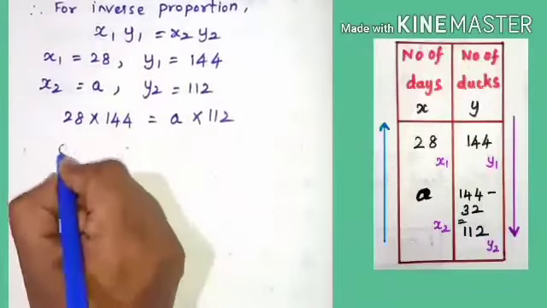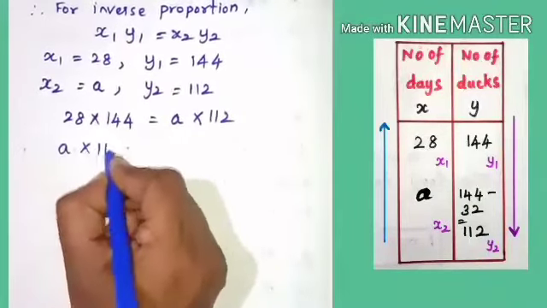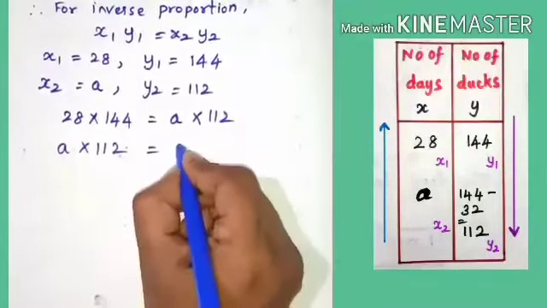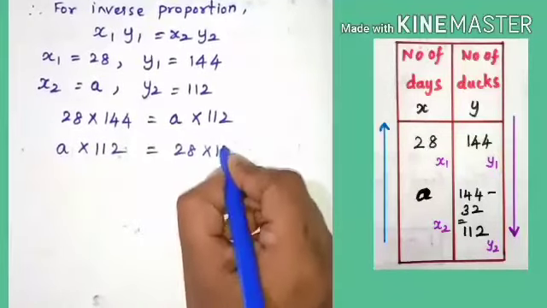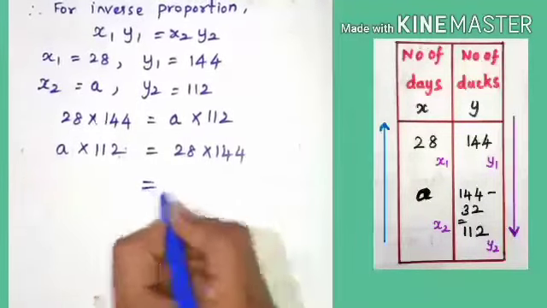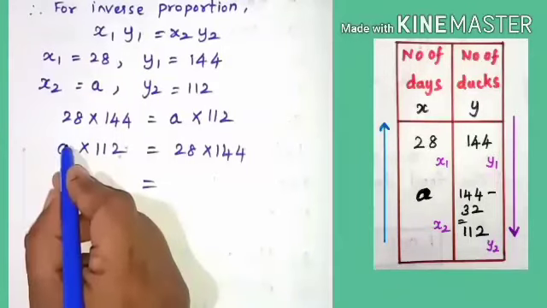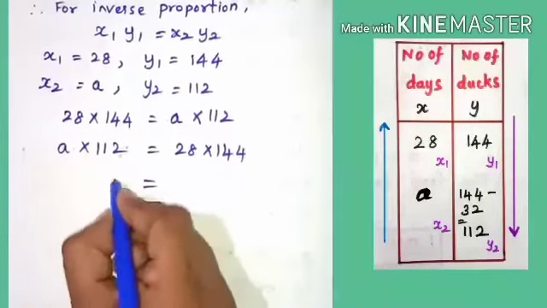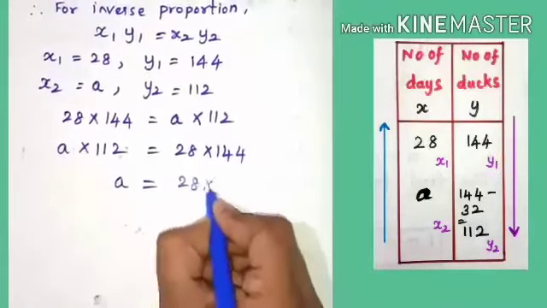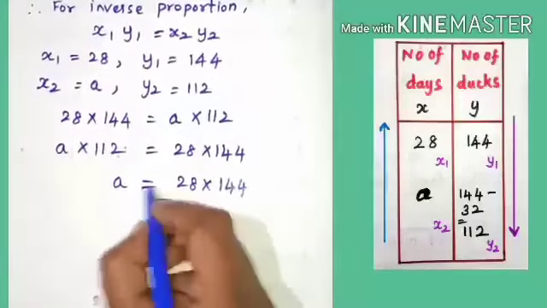Now we can write it as A into 112 is equal to 28 into 144. Now we have to find the value of A. So A is equal to 28 into 144.